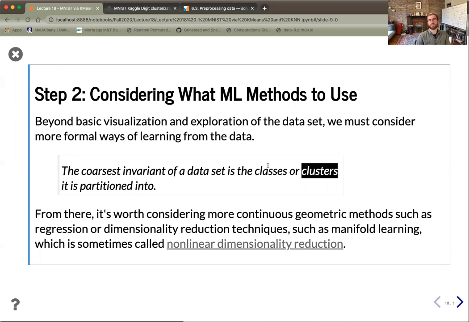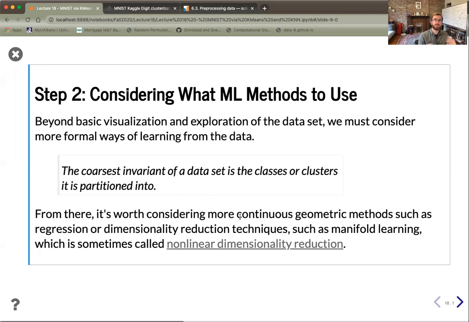Both of these decompose our sets into groups. One is done intrinsically without labels; that's what's done in clustering. The other is classification, in supervised machine learning, where we have some preset list of labels that we're trying to hit. But this is the coarsest invariant that we should try to attack first.